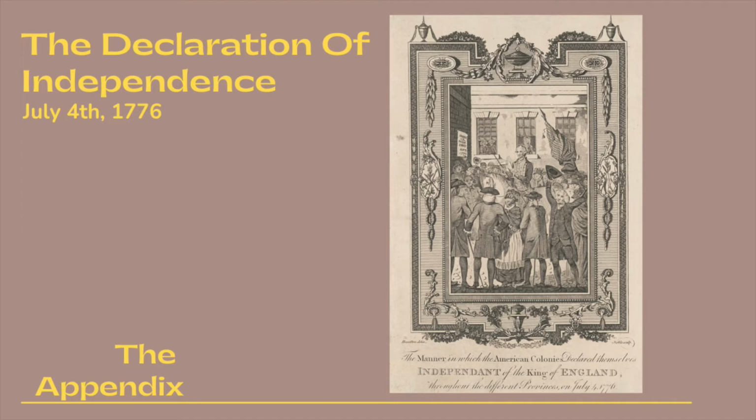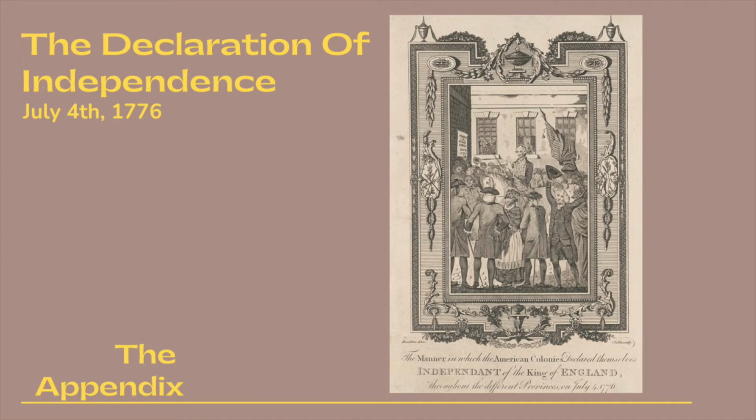He has endeavored to prevent the population of these states, for that purpose obstructing the laws of naturalization of foreigners, refusing to pass others to encourage their migration hither, and raising the conditions of new appropriations of lands. He has obstructed the administration of justice by refusing his assent to laws for establishing judiciary powers.